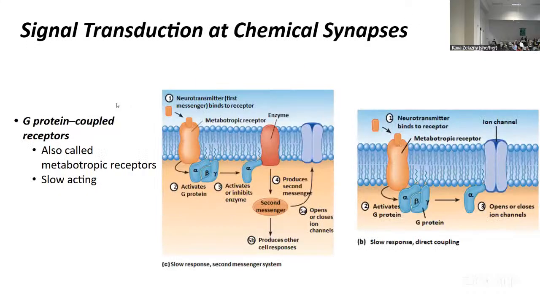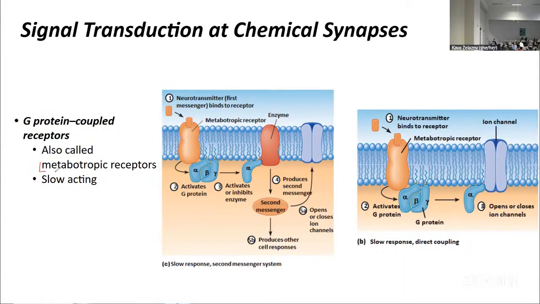Our other type of receptor is a G protein coupled receptor or a metabotropic receptor. Same thing: metabotropic versus ionotropic, or channel linked versus G protein coupled, are the two ways we might compare and contrast these two types of receptors. Okay.